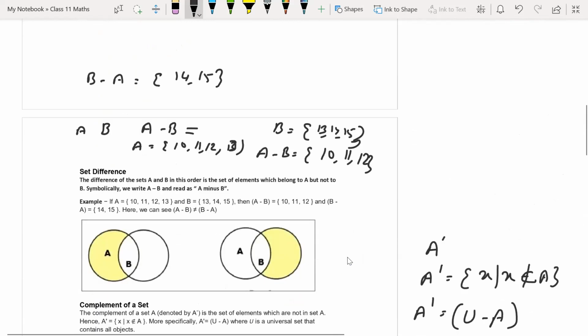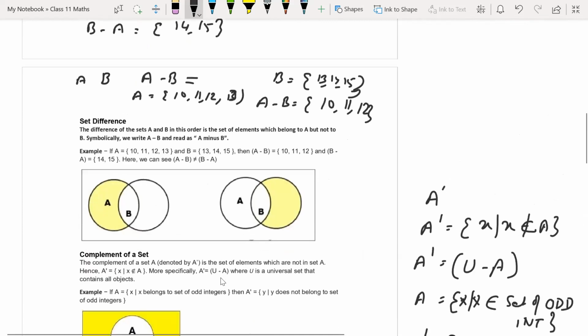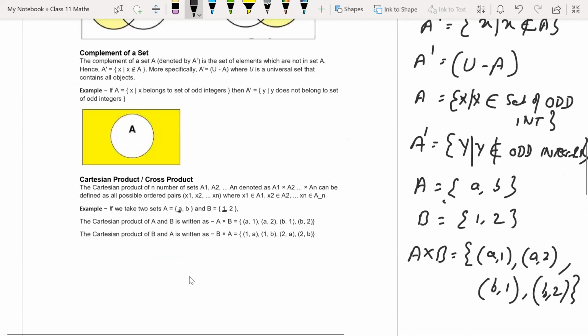Then in the set difference, it is A minus B, meaning all elements of A which don't occur in B. Complement is the reverse of the universal set. And then the Cartesian product is all possible ordered pairs of elements belonging to set A, set B.